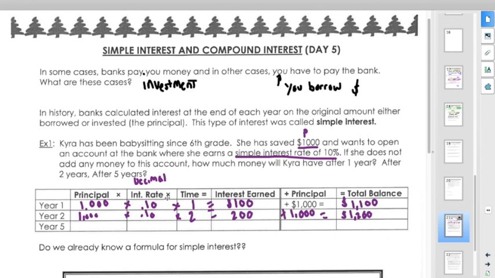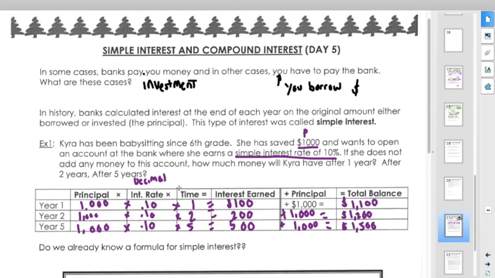And for year 5, I'm sure you guys could figure this out. The principal is still going to be the same, 1,000, multiplying by the interest rate of 0.10. And now it's been 5 years. So multiply all three of these together, and you would get $500. Adding it back to your principal, altogether you would have $1,500.